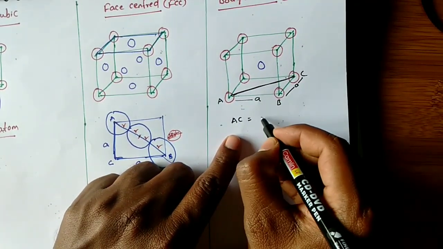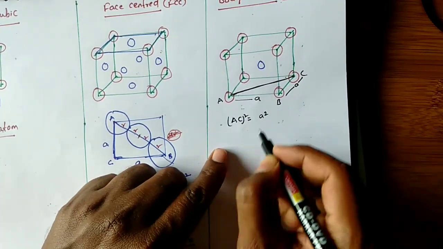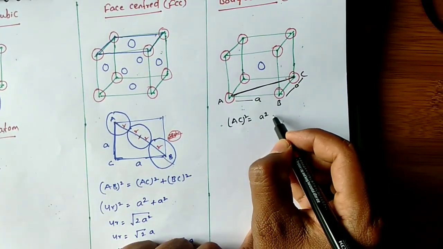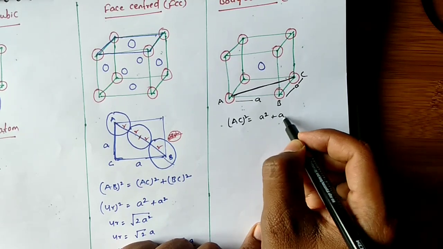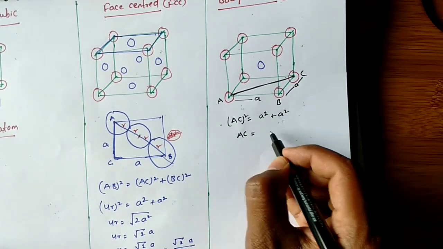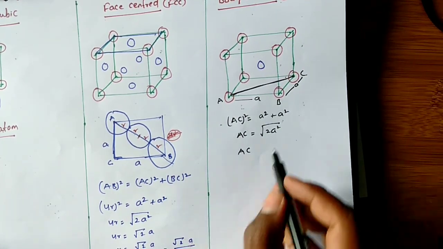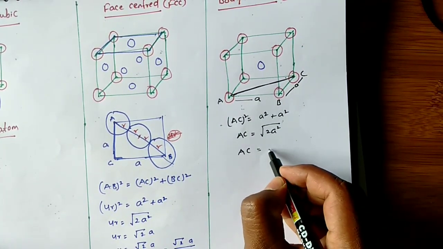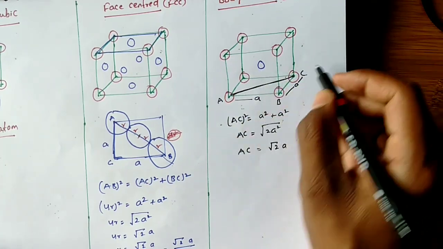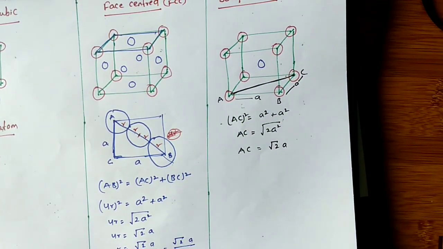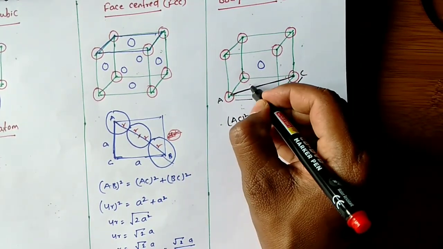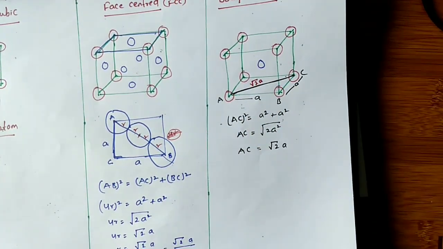AC square equal to A square plus A square. So AC equal to under root 2A square. AC equal to root 2A. So this length is root 2A.